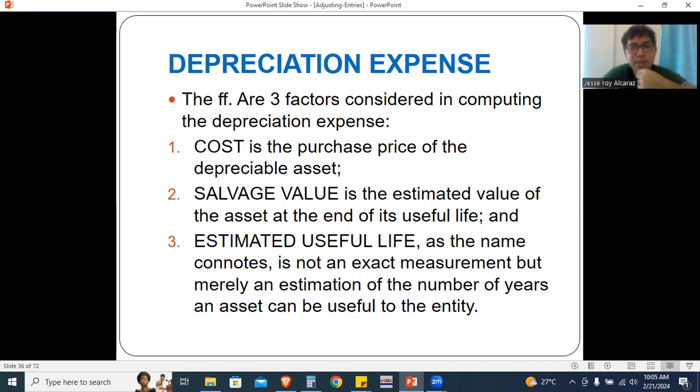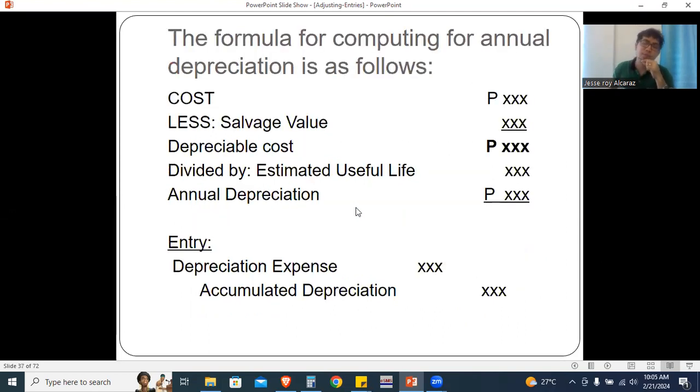And of course, estimated useful life, this is the duration or the period that we can use a particular asset. Ayan. So I hope that's clear. So the computation to compute the depreciation is this one.